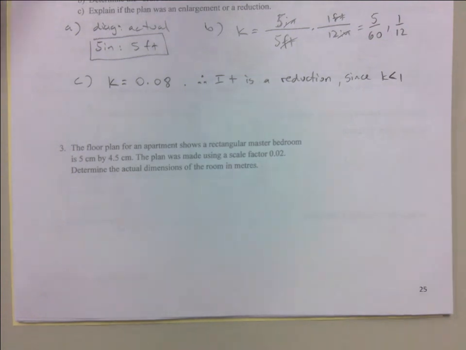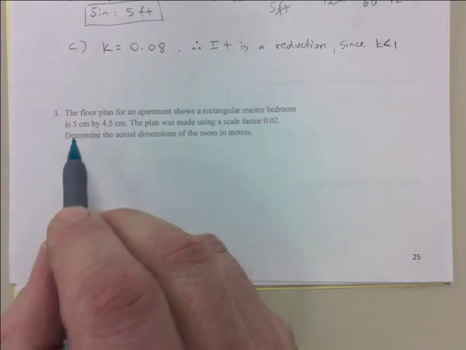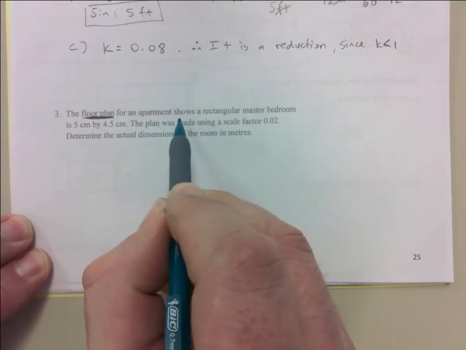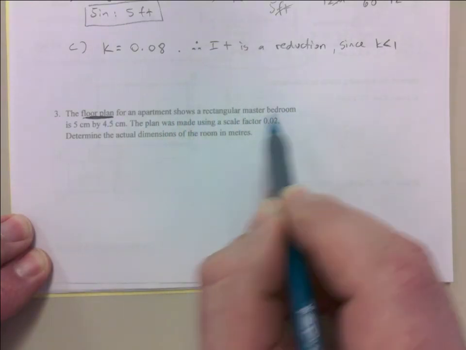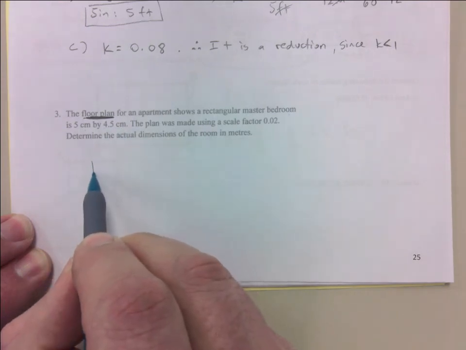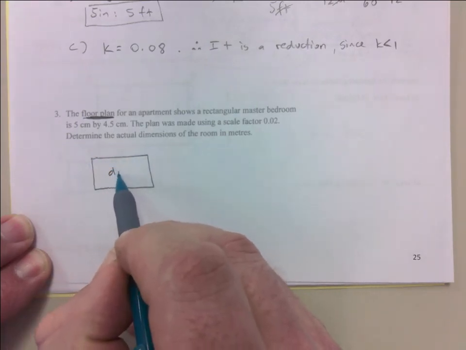My next, this one here, I'm going to end with this. Most likely, a floor plan for an apartment. A floor plan for an apartment shows a rectangular master bedroom of 5 centimeters by 4.5 centimeters. That's our diagram, correct?